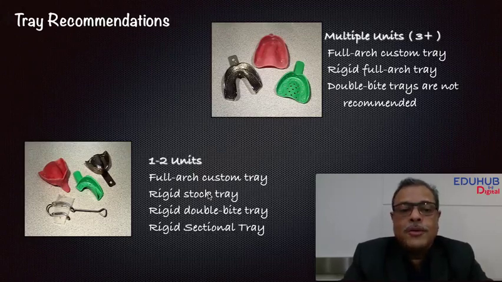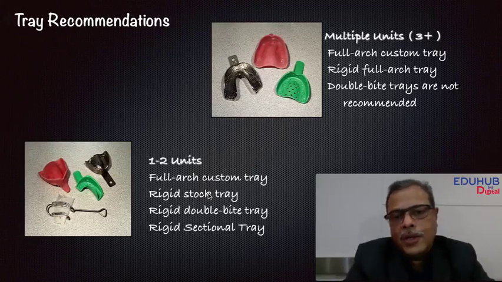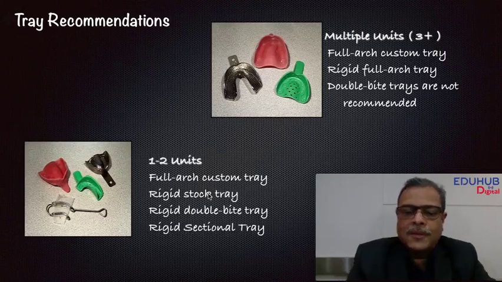You have to be sure that it's also a rigid tray, because you don't want a plastic bite tray which is going to move. It's of course recommended for a single unit, but generally you would like to use well supported trays for making your impressions for multiple units. It's always better to have more reliability with your impressions.